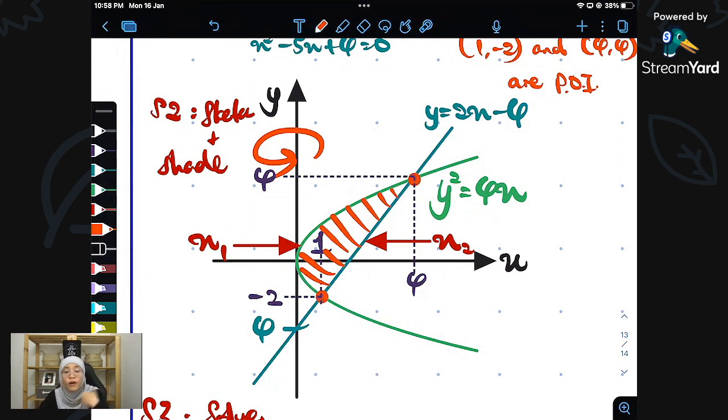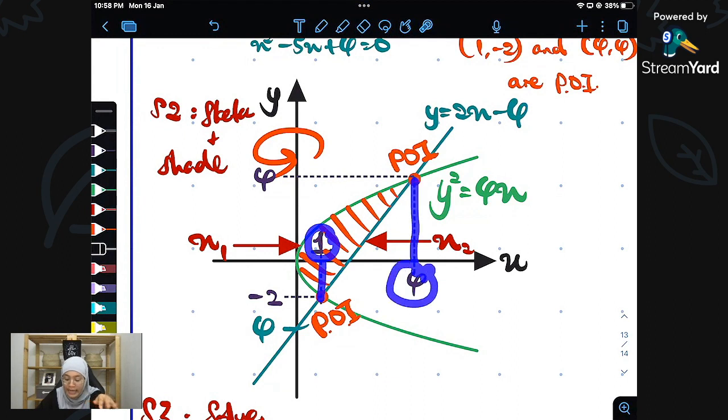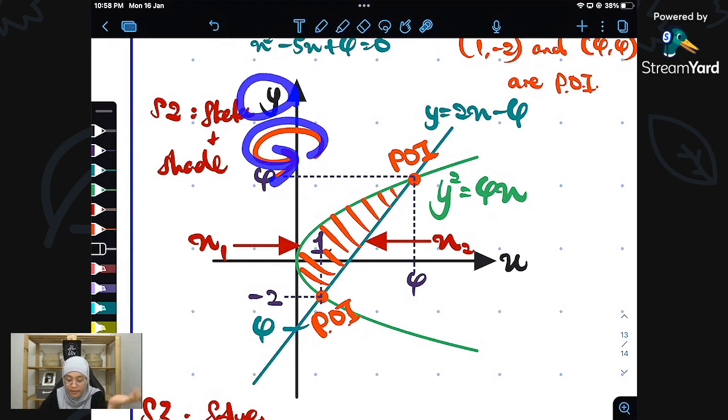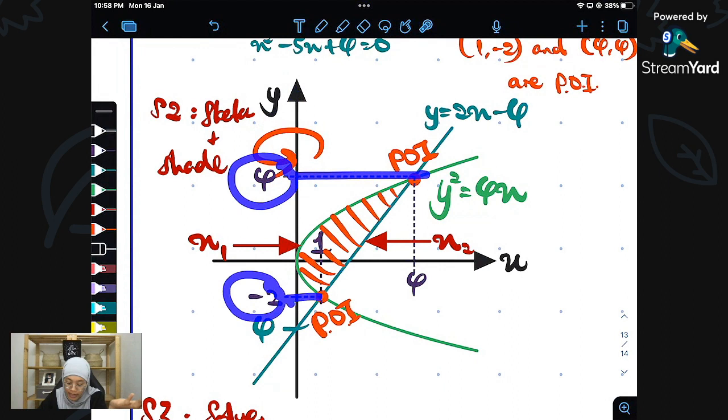So make sure before you sketch the graph, you have plotted the points of intersection very neatly and perfectly. Why? Because you need these values for the integral. Since this is bounded and rotated about the y-axis, we will take the y limits, and so the y limits are very important, isn't it?